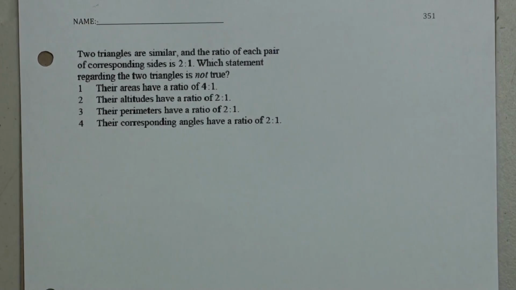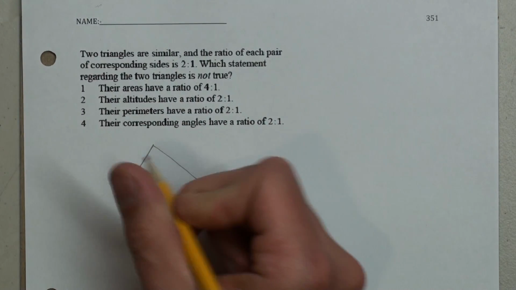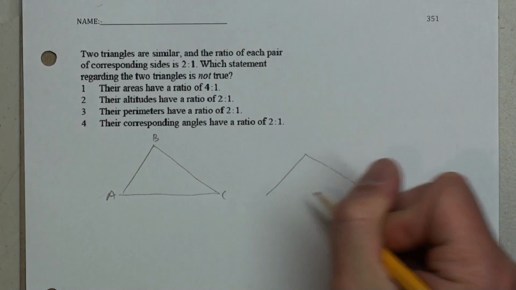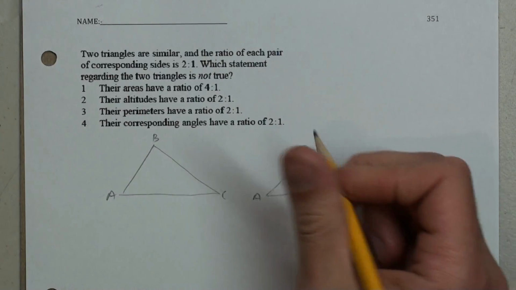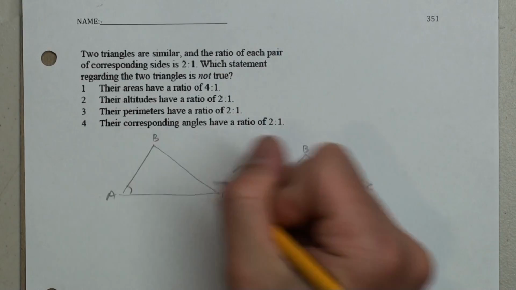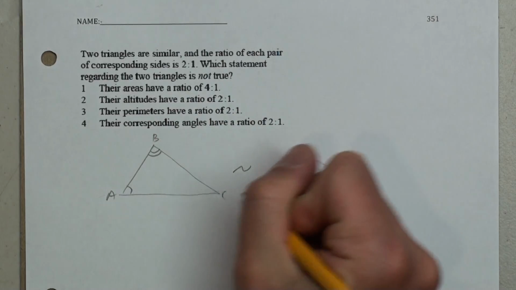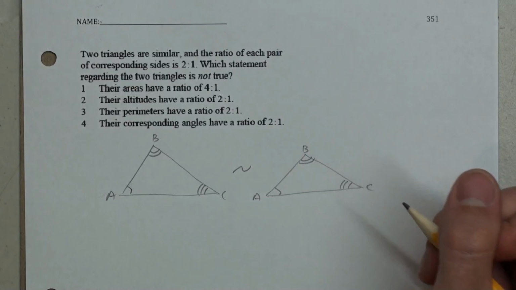Two triangles are similar. Well, if they're similar, then this angle and this angle are congruent. These two angles are congruent, and these two angles are congruent.